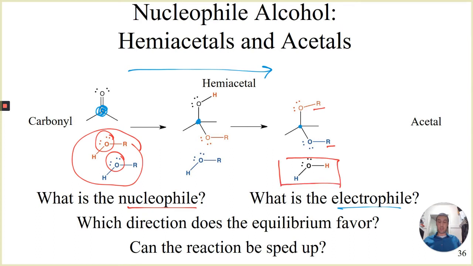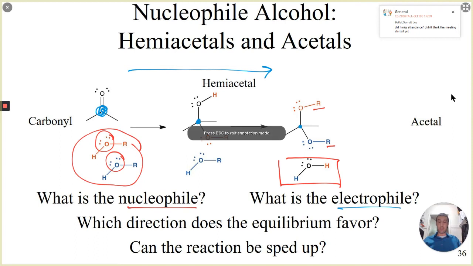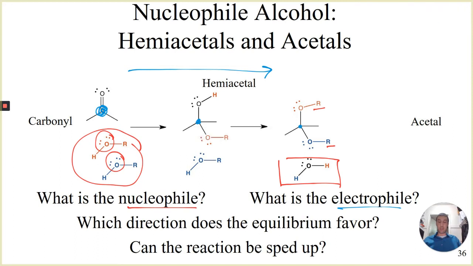Typically what we would do is try and remove the water. If the water's gone, the reverse reaction can't happen. If we wanted to run the acetal to the carbonyl, we then do the opposite. We would go through and pump in a ton of our alcohol, a ton of our water, and try and remove alcohol in that process to get our product.